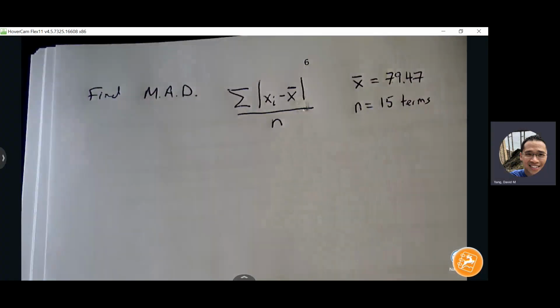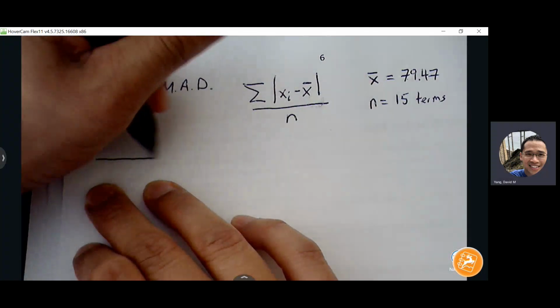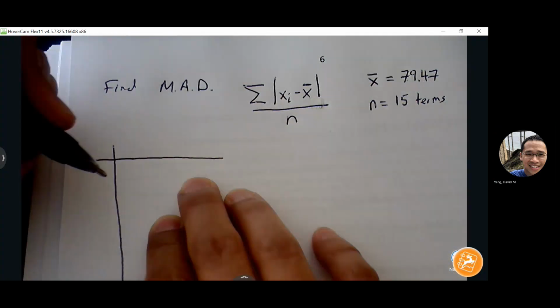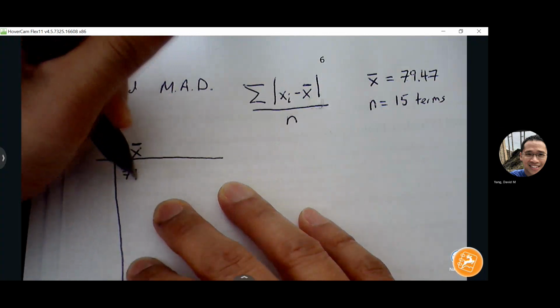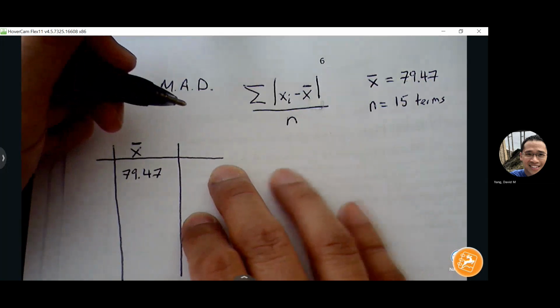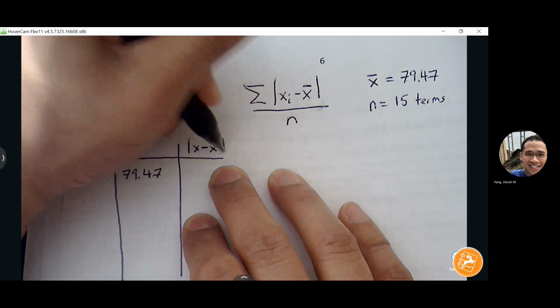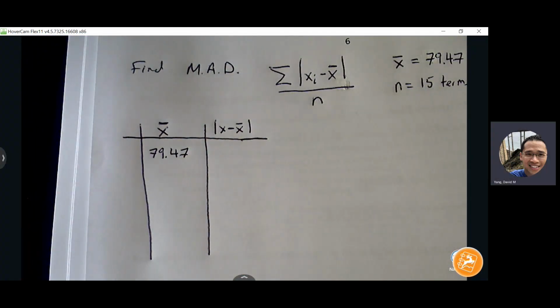So here's a table that we can create to kind of keep track of all of our data here. So I'm going to list out all the data that we've gathered.